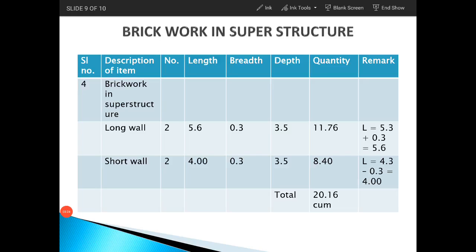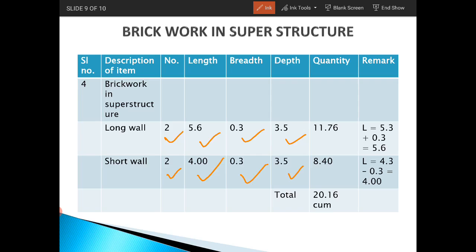Here you see the long wall: number 2, length we calculated 5.6, breadth 0.3, depth 3.5, which is up to the ceiling level. Similarly for the short wall: number 2, in to in length of the short wall 4, breadth 0.3 and 3.5.